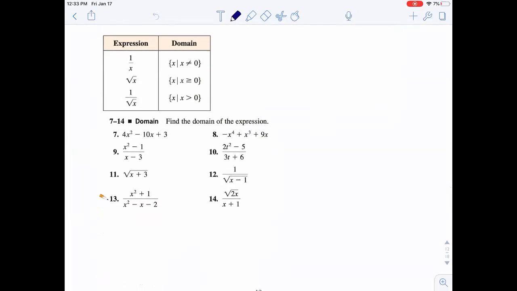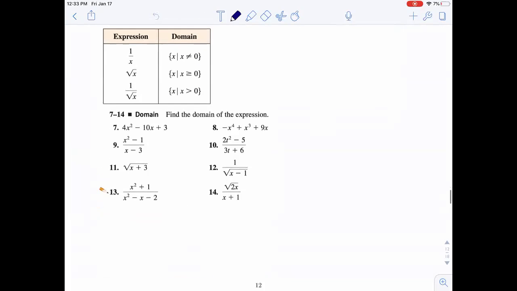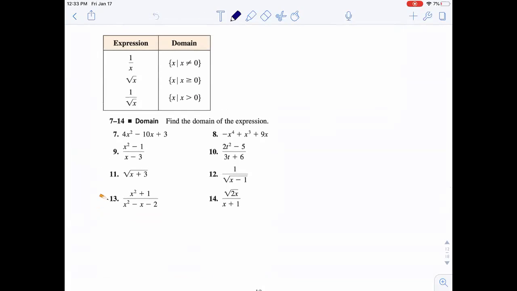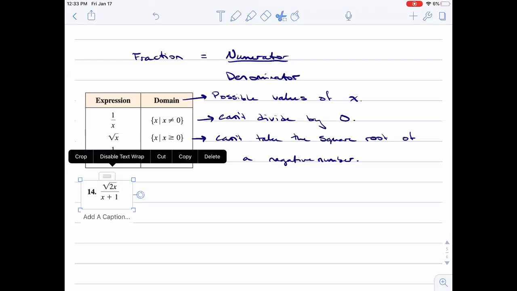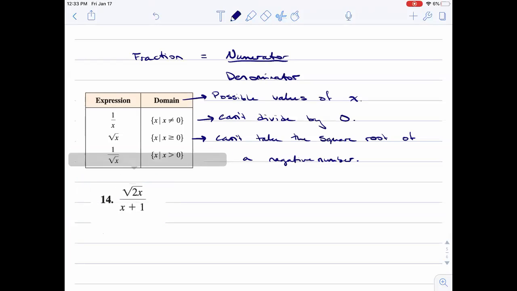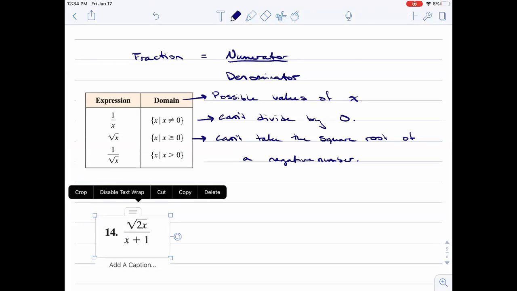So if we have to find the domain of an expression, this last one definitely is the hardest of those, I think.